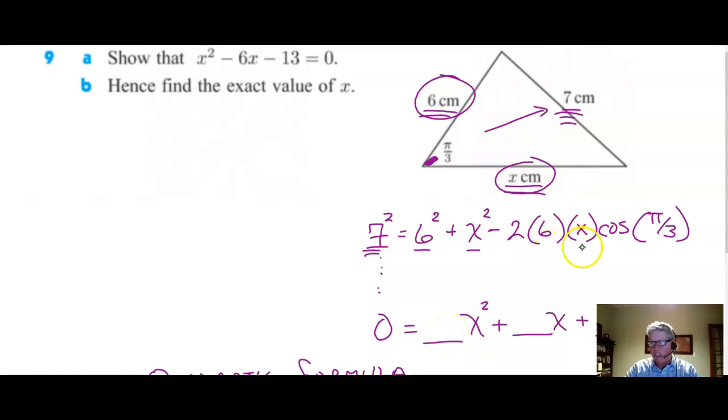I'm going to get something x, and I'm going to get a number. And I'll bet it's going to look a lot like that. So that's kind of the idea about where it comes from. Now it's kind of saying that if we solve this, there are two values of x that'll make that work. Whoa, there are two lengths that might make that work.